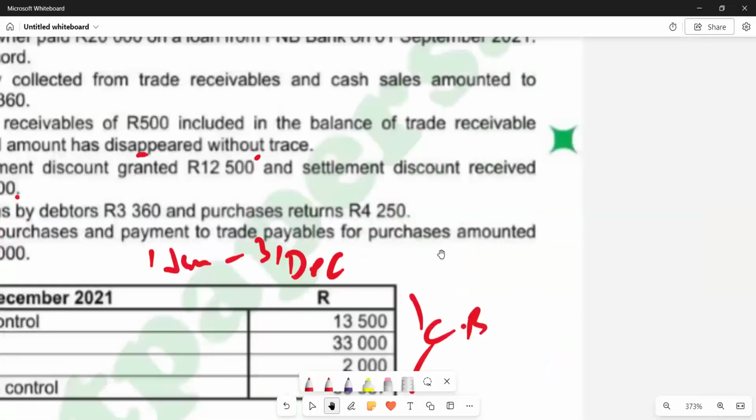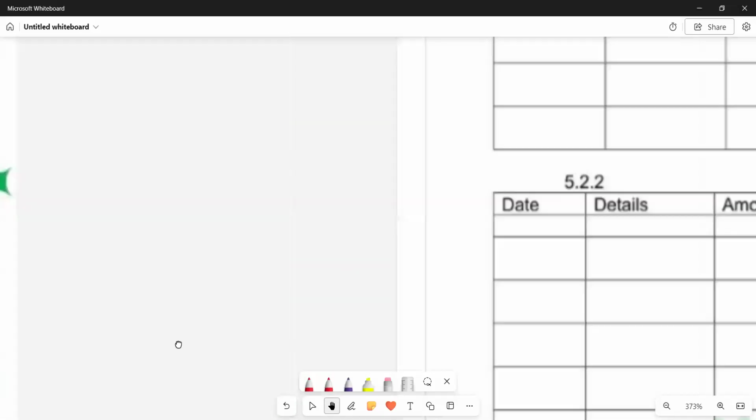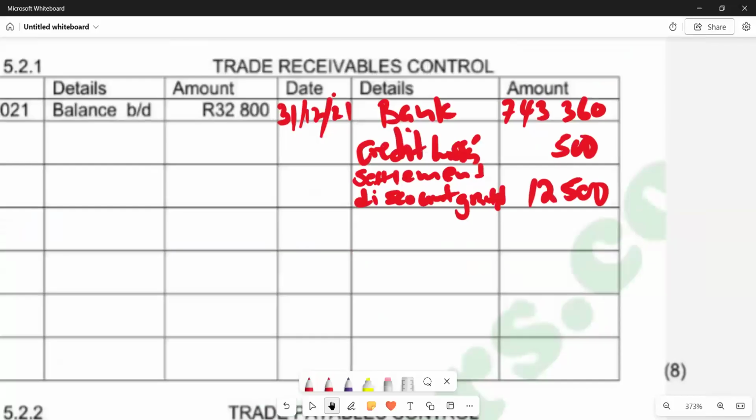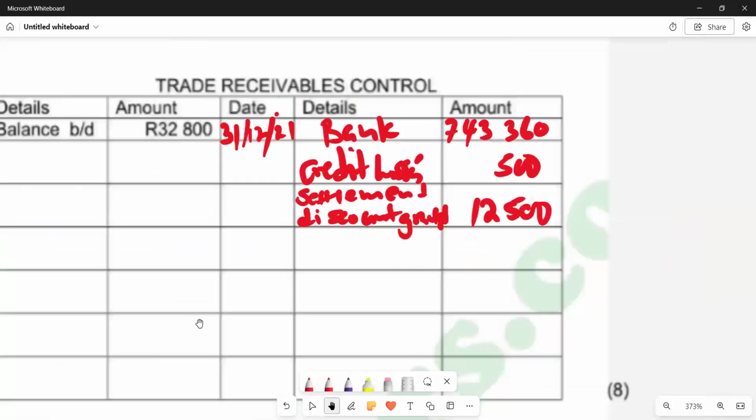So let's put our returns 3,360. Obviously, the description should be sales returns. And the figure that we are having there is 3,360.